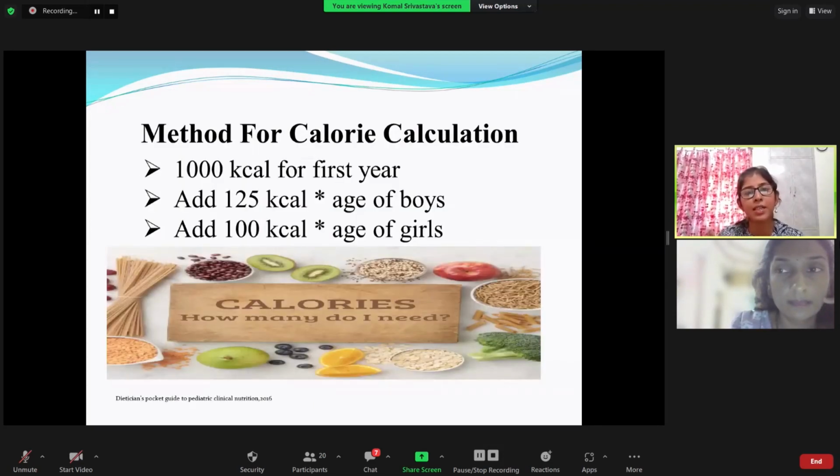Now, the simple and most common form of calculating is: for the first year of life, it is 1000 kcal. After 1 year of life, for boys, it is age multiplied by 125 plus 1000 kcal, and for females, it is 100 instead of 125 kilocalories.